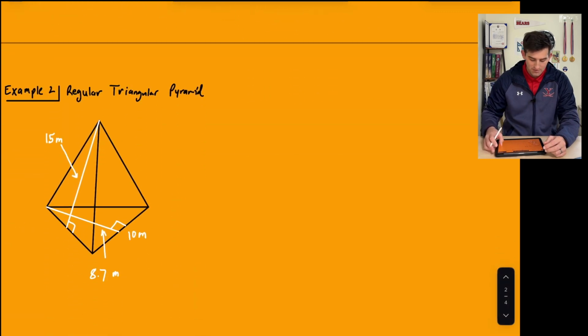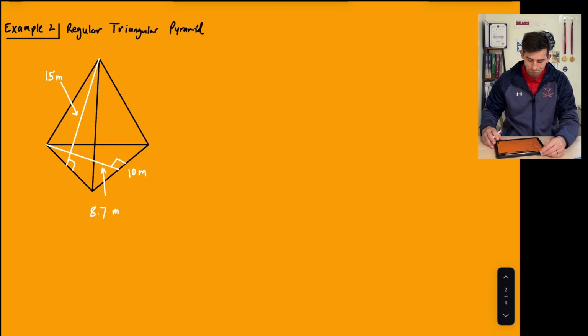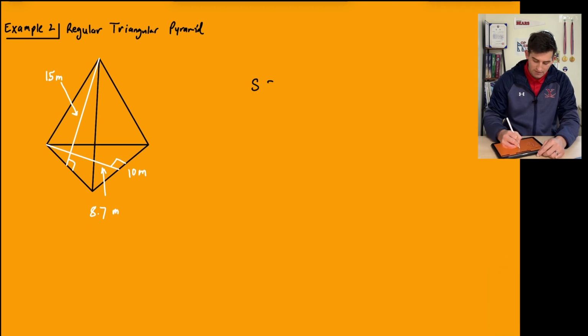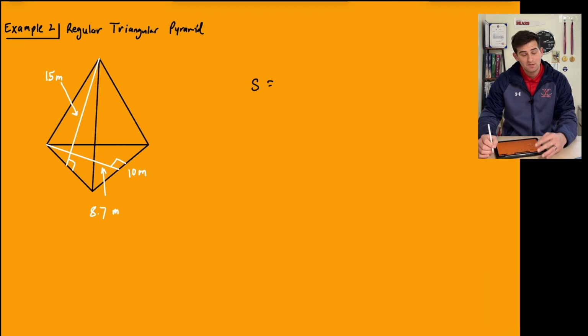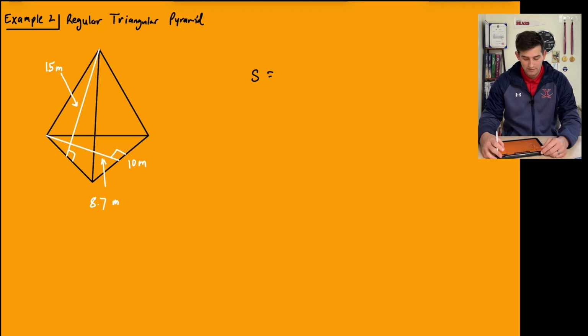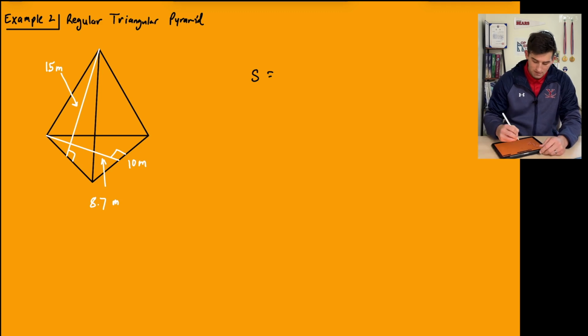All right, let's look at example 2, a regular triangular pyramid. Same equation here, right? Surface area equals the area of the base plus the area of the faces. But now our base is a triangle. So we have to remember that the area of a triangle is 1/2 base times height. And so we could say 1/2, and then our base here would be 10, and our height would be 8.7.